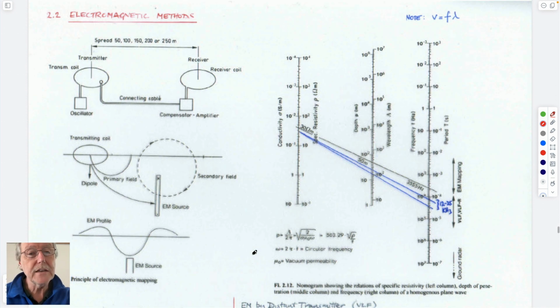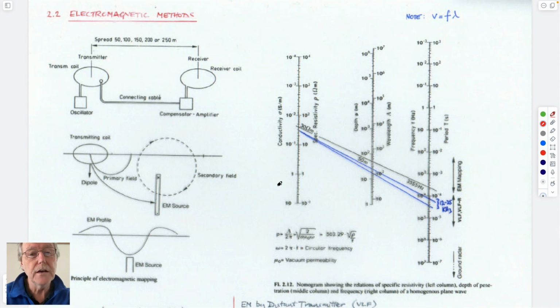There are other electromagnetic methods which use a big transmitting coil and a coil which measures the induced electromagnetics in the subsurface. They're usually used to pick up big electrical targets, as in looking for ores or perhaps critical minerals these days.